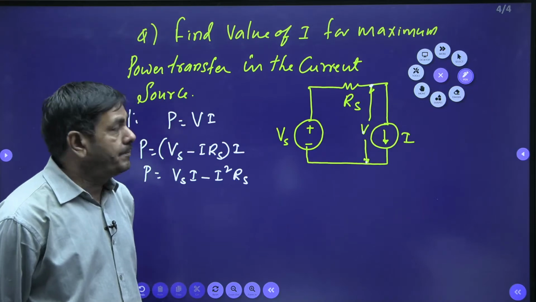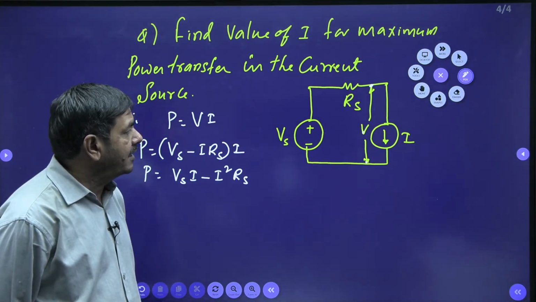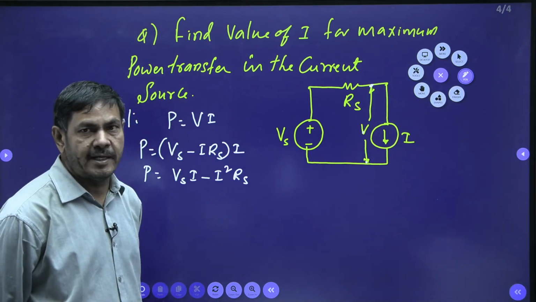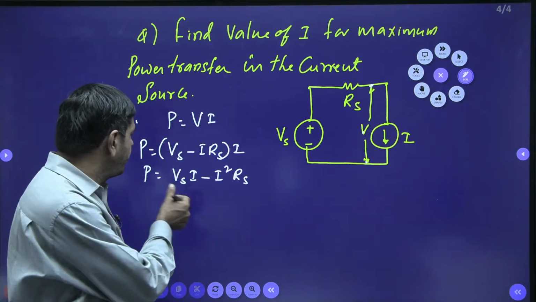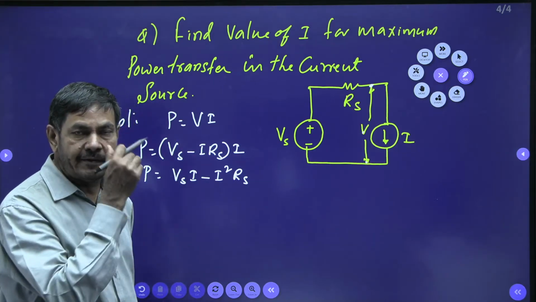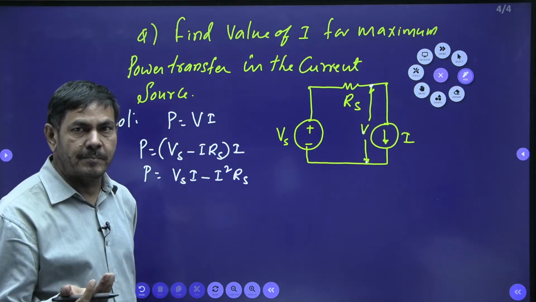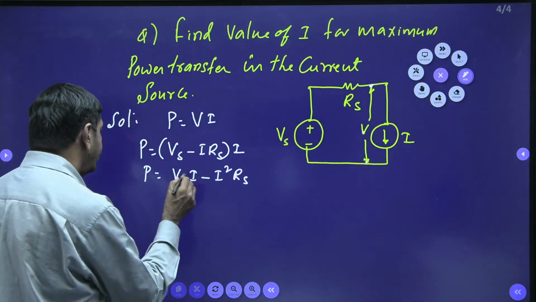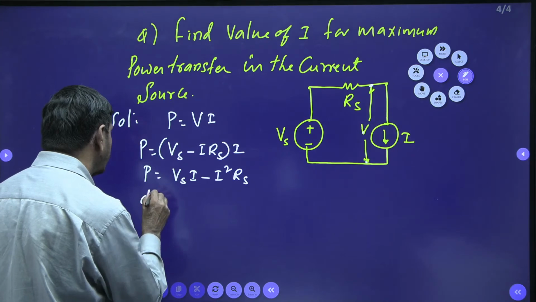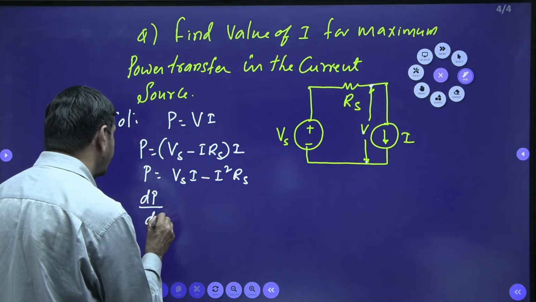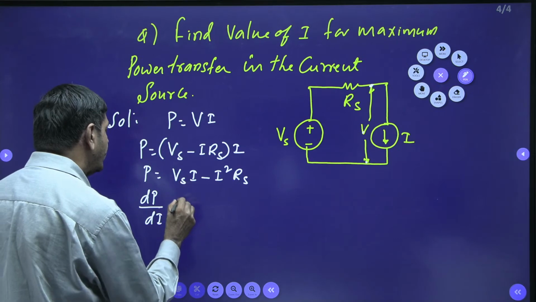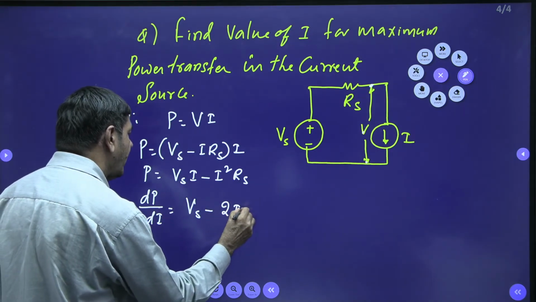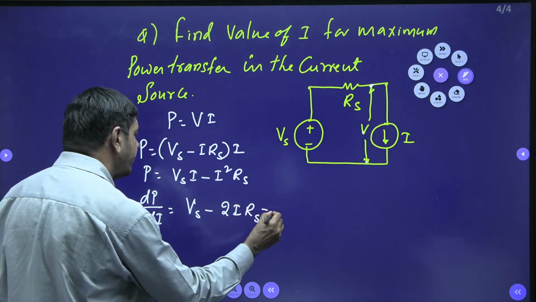So when I want the current I for maximum power transfer to the current source, differentiate this power with respect to I and equate it to 0, according to maxima and minima. Then you can determine the I value. Differentiating on both sides with respect to I, dP by dI: the derivative of I is 1, so we get Vs. I square gives 2I into Rs. This must be equated to 0.